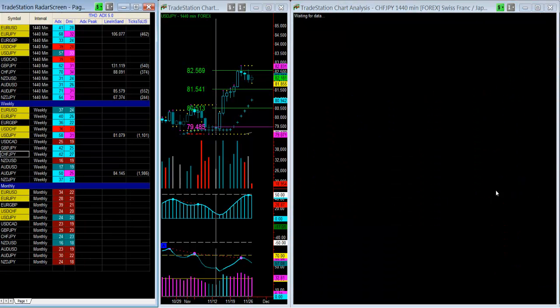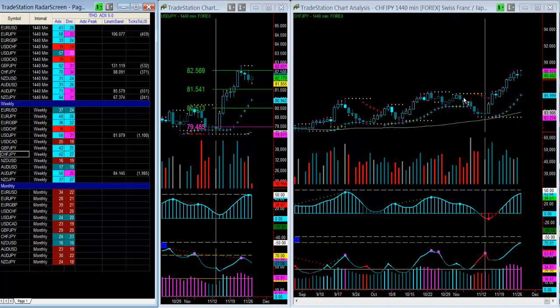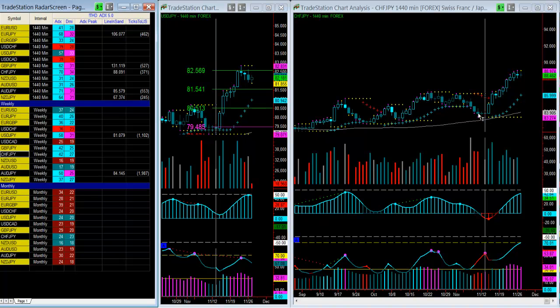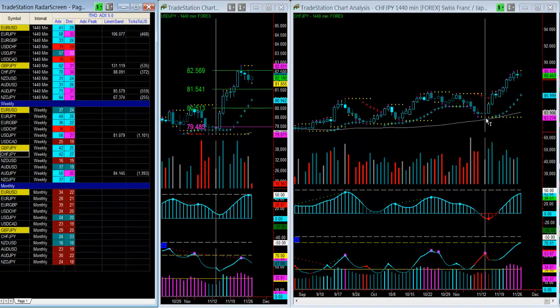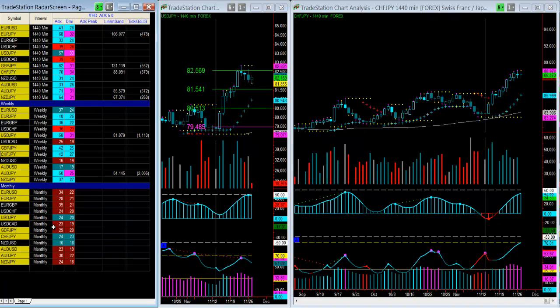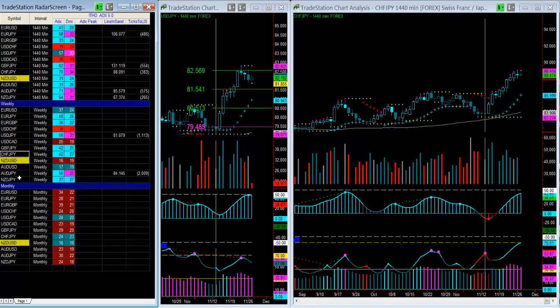On the Swiss Franc Yen, again, you get a pullback to the slow moving average, and this is acting as support for price to go up. It does it on diverging volume, and again you get a pop to the upside. Again, this one was confirmed on the next bar because you had a magenta peak come in.